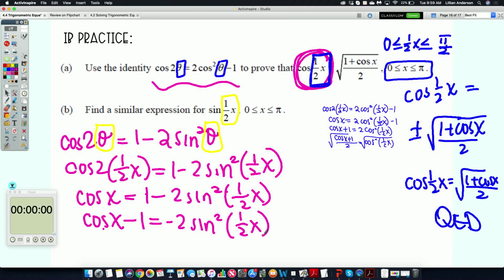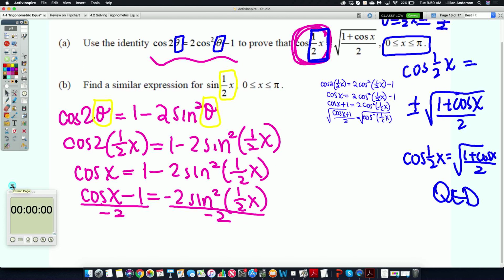What happens when I divide by a -2? It isn't just the denominator that's negative. So that means the cosine's going to be a +1, and then a minus cosine. The 2 is positive, so now I'm taking care of the fact that I've divided by a negative. I've changed the signs of everything.